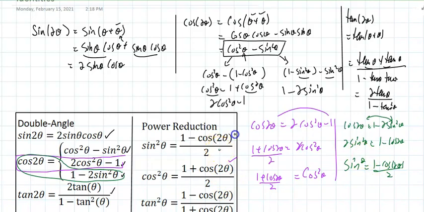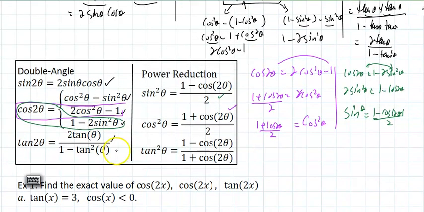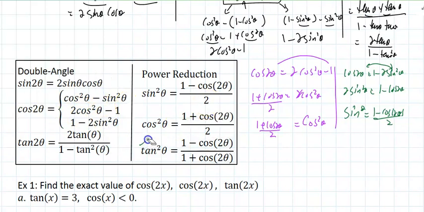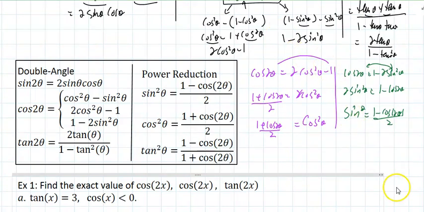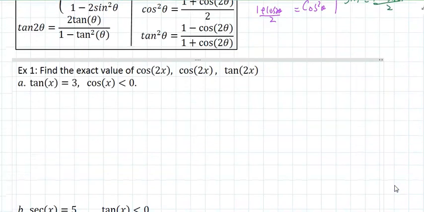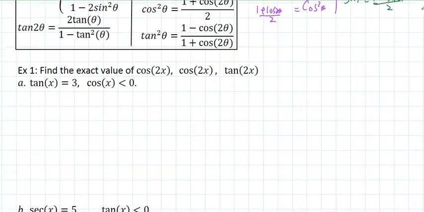That would be this identity. The tangents I will provide, but the sine and cosine you need to memorize. So here we are. We're going to focus on those more than anything else in this section. And whatever comes up on the homework, you're responsible to know.